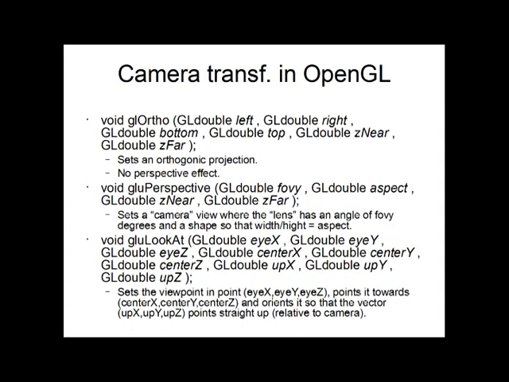And GLU perspective actually calls an OpenGL function called GL frustum. But the GLU part kind of allows us to set up a simpler or more intuitive set of variables, having basically a field of view, which is kind of an angle, an aspect ratio, and then a near and a far plane.